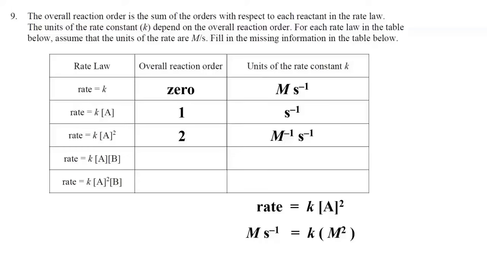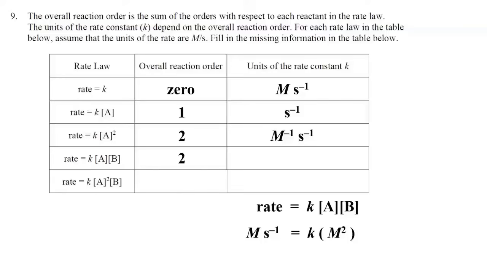In our next example, we have first order with respect to A, first order with respect to B. Remember that the overall reaction order is the sum of the orders. So 1 plus 1 is 2. I would still have molarity times molarity on the right side of the equation, so I would have molarity squared. The units of K would have to be anything that they need to be to make the units match on both sides of the equation.